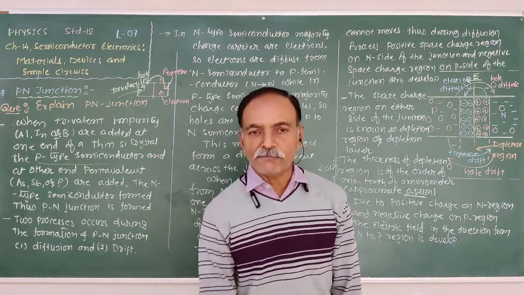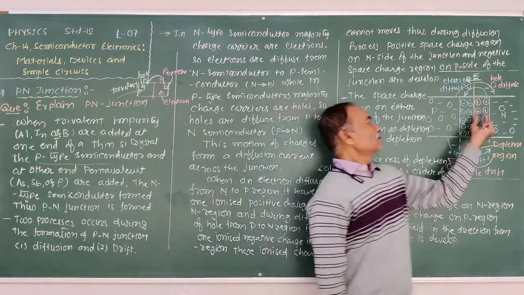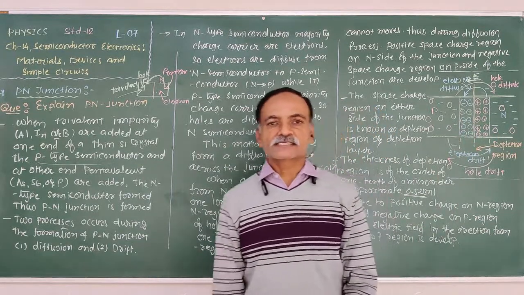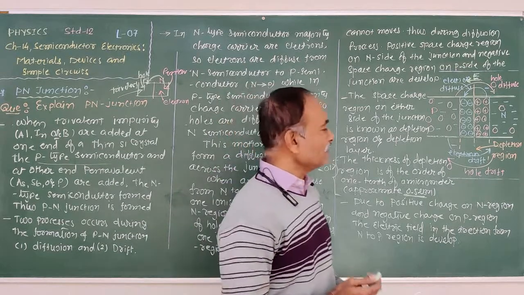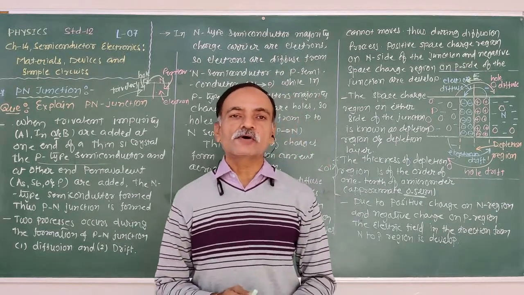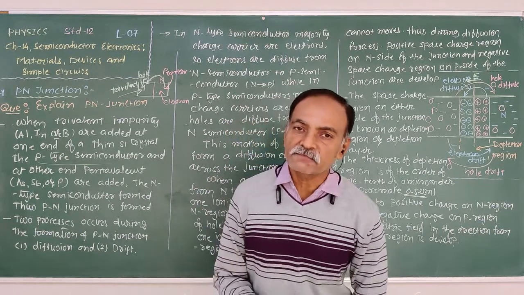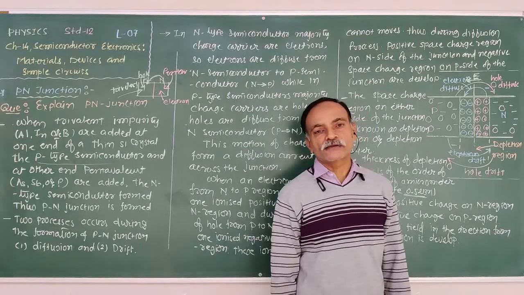As time passes, more and more charges are diffused. So, more ionized positive charge and ionized negative charge are deposited. Therefore, the electric field established near the junction is also more intense. As the intensity of this electric field increases, the drift also increases.